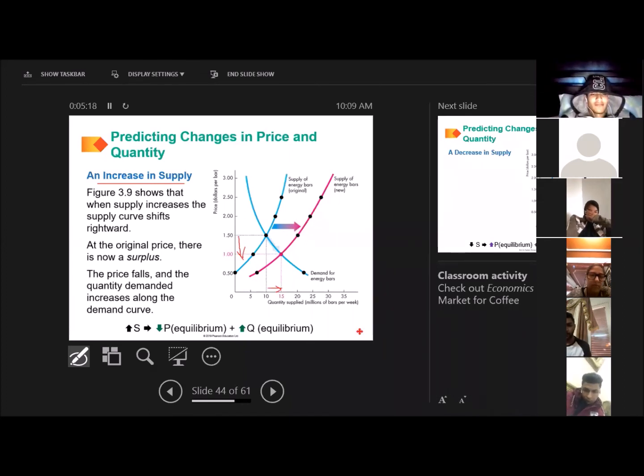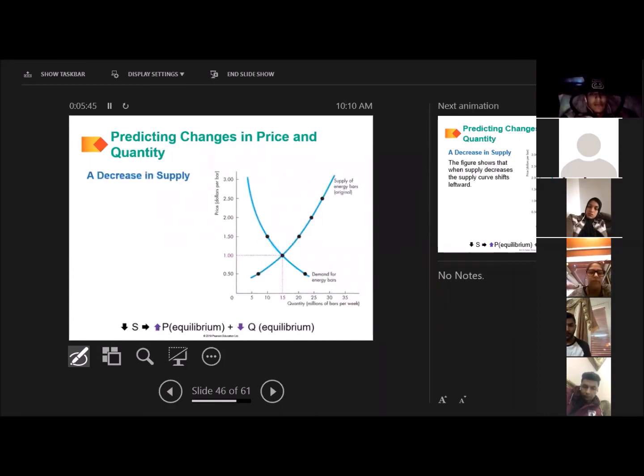If we produce more of any type of product, the effect on the market is that the prices will go down because it will be cheaper. And because the supply increases, we produce and consume more. So when the supply increases, this is the case.